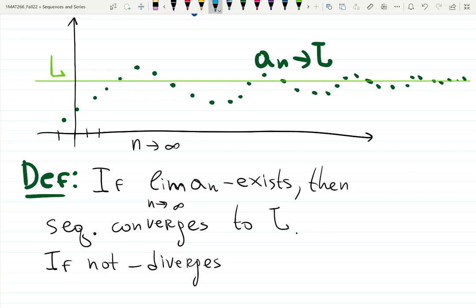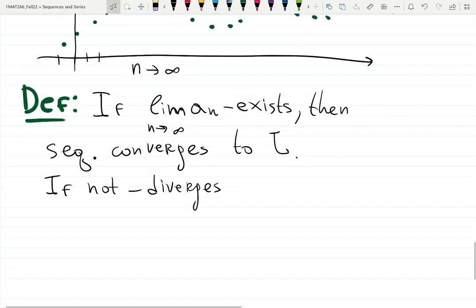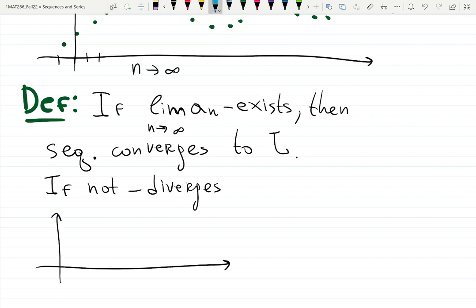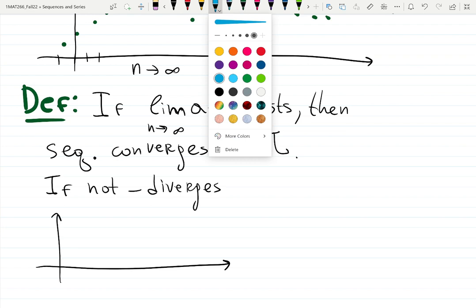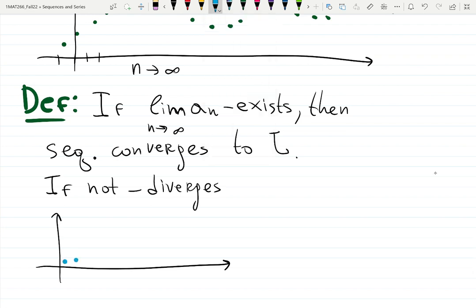Can you imagine an example of a divergent sequence? I'll show you one more time. Here's the data, let's put it in blue. So cats: 1 cat, 2 cats, 3 cats, and none of them were sterilized, so they keep reproducing, and look at that. That is divergent. Example: divergent.